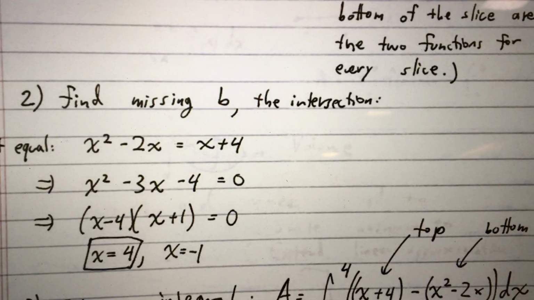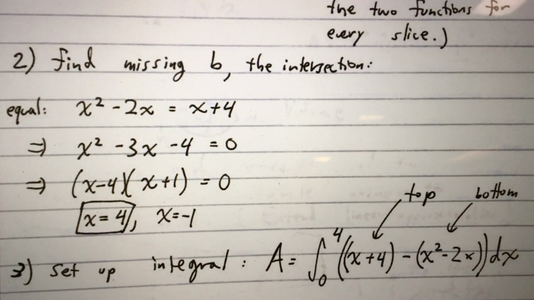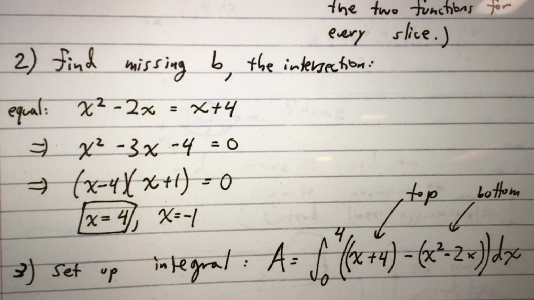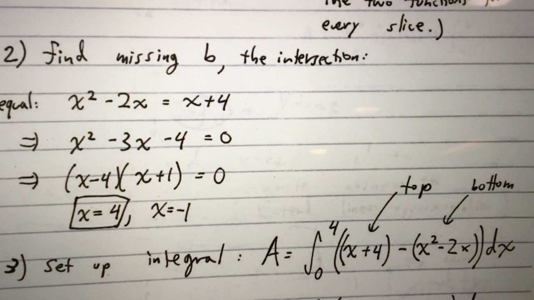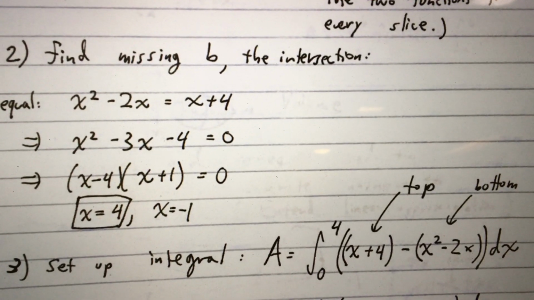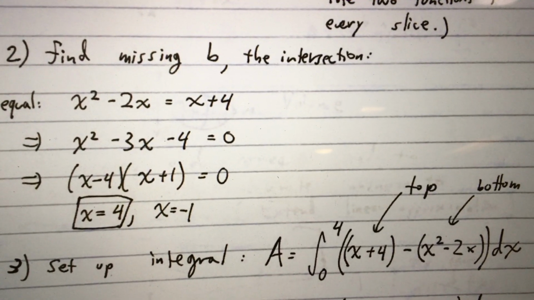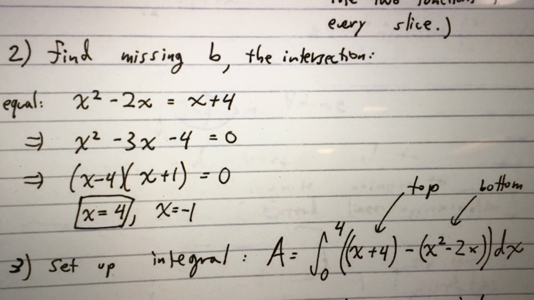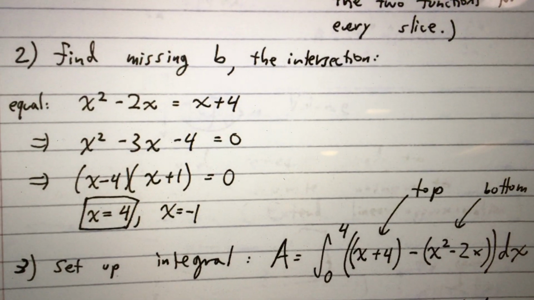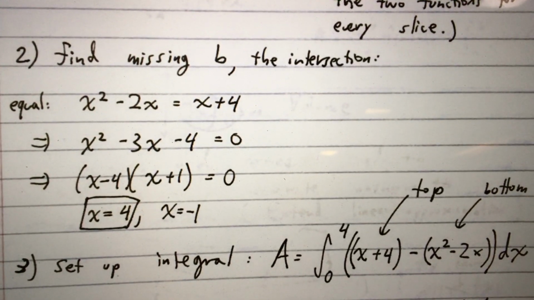So now I'm ready to set it up. Set up the integral. I know the start and the stop, that's x equal to 0 to 4. And I know the top function is x plus 4, the straight line, and the bottom function is x squared minus 2x. So I put a minus between those, and then dx, since it's a type 1 dx area.